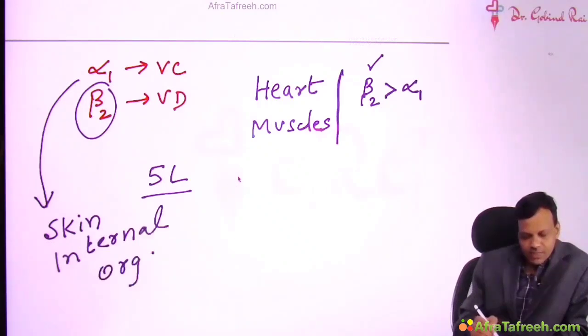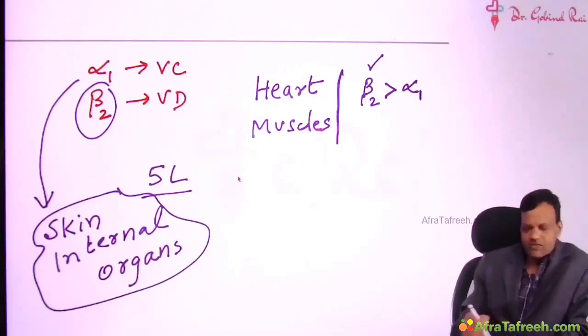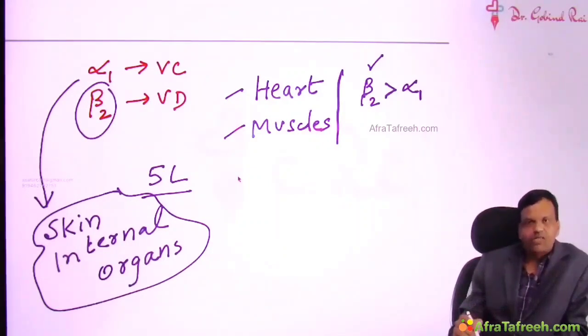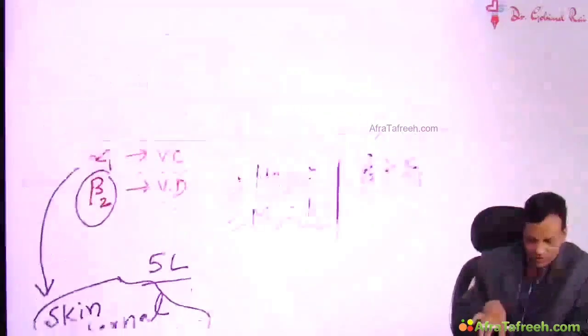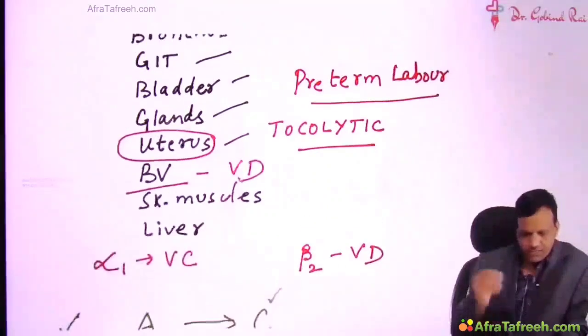So whenever there is an emergency, there will be vasoconstriction in these areas because alpha 1 is more, and this blood is shifted to heart and muscles, so the person can run quickly. So alpha 1 receptor is more in skin and internal organs, whereas beta 2 is more in the blood vessels of heart and muscles. So this is the effect of the sympathetic system on the blood vessels.